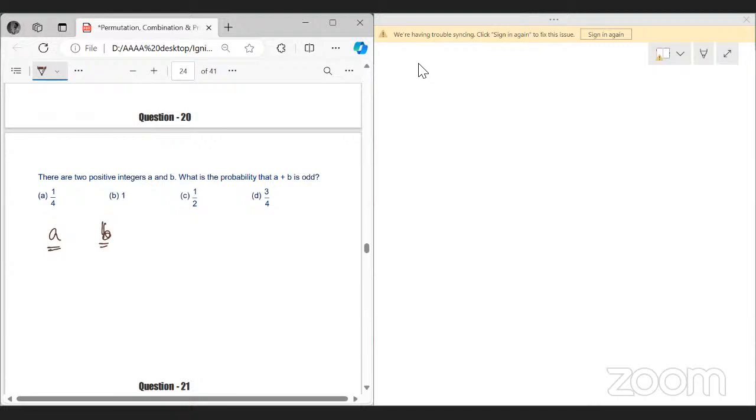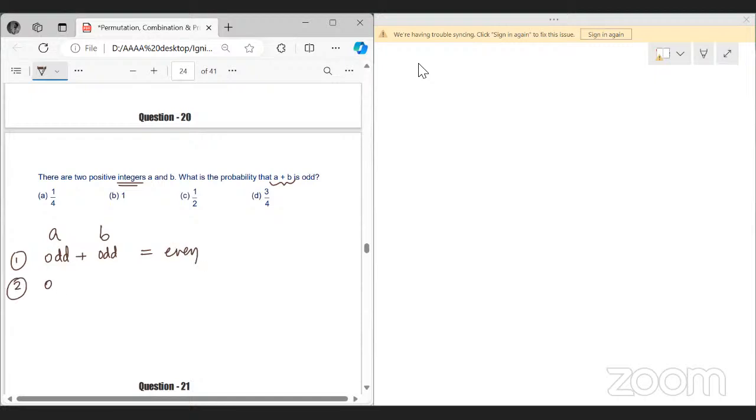Now, two numbers, two positive integers, they are saying. That means what is possible? Either there are cases, right? Let's say A is odd and B is also odd. What is the outcome when you add these two figures? Odd plus odd number, the outcome is what? Even. Yes, take up a number. 1 plus 1 is 2, even.